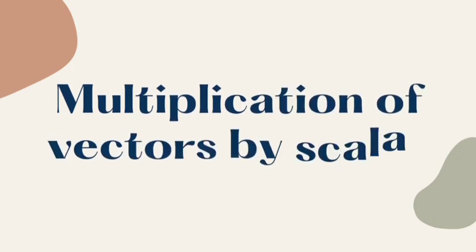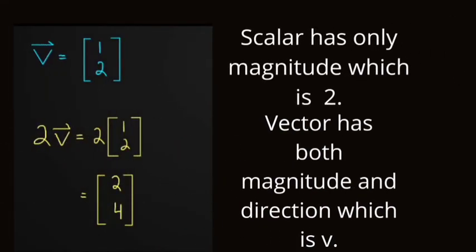Multiplication of vectors by scalar. Recall that a scalar quantity has only magnitude, and the magnitude here is 2. While vector has both magnitude and direction, which is v. v has a component vector 1 and 2.